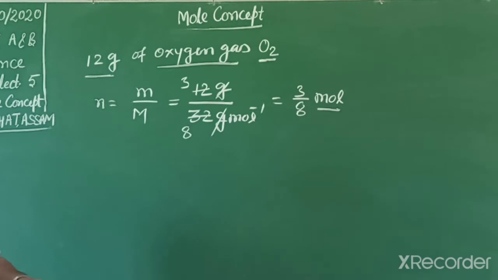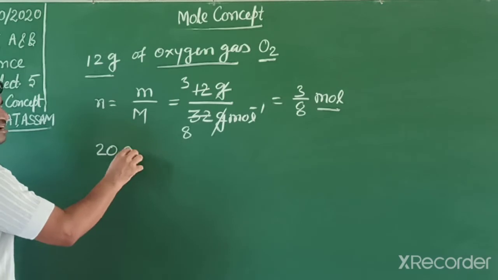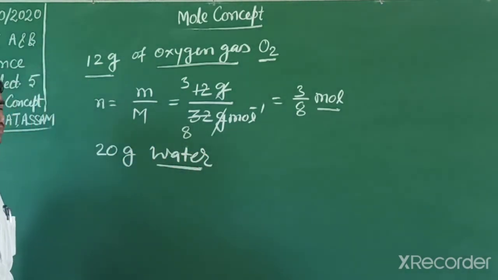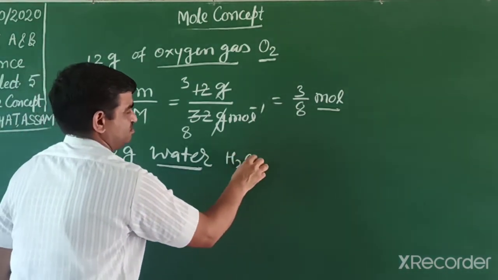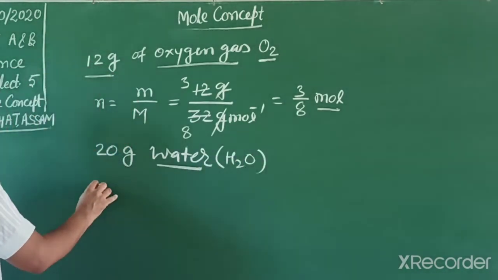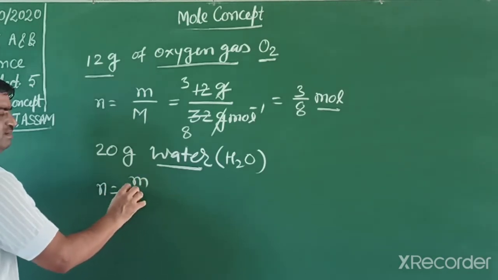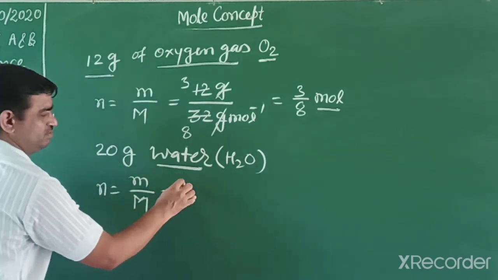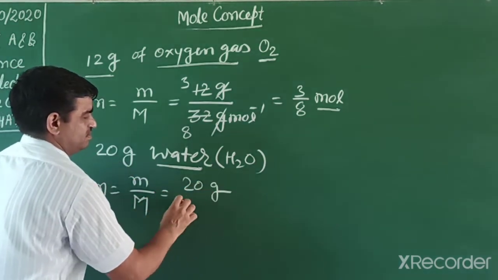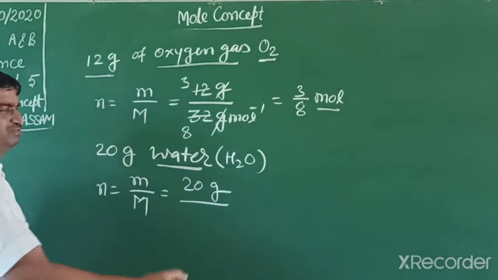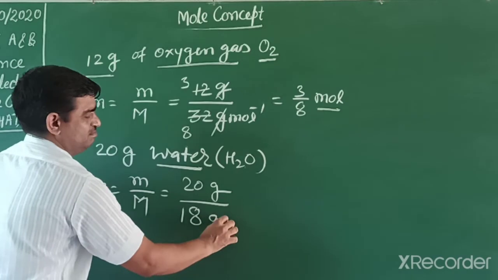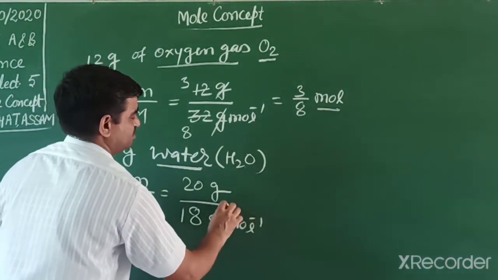Another numerical given, 20 gram water. So students, again we can solve. Water means, you know the formula, n equals small m divided by capital M. Given mass 20 gram and molar mass of water you can find, 2 plus 16 means 18 gram mole inverse.